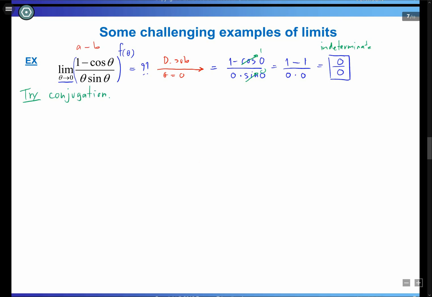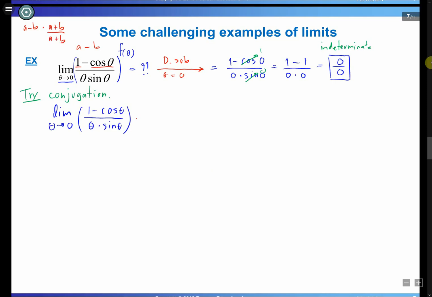Okay, let's do that down here. So the limit of this: we have (1 minus cosine theta) divided by (theta times sine theta) when theta approaches 0. And a here is 1 and b is cosine theta, a minus b. By the way, when you have a minus b, you want to multiply by the conjugate, a plus b divided by a plus b.